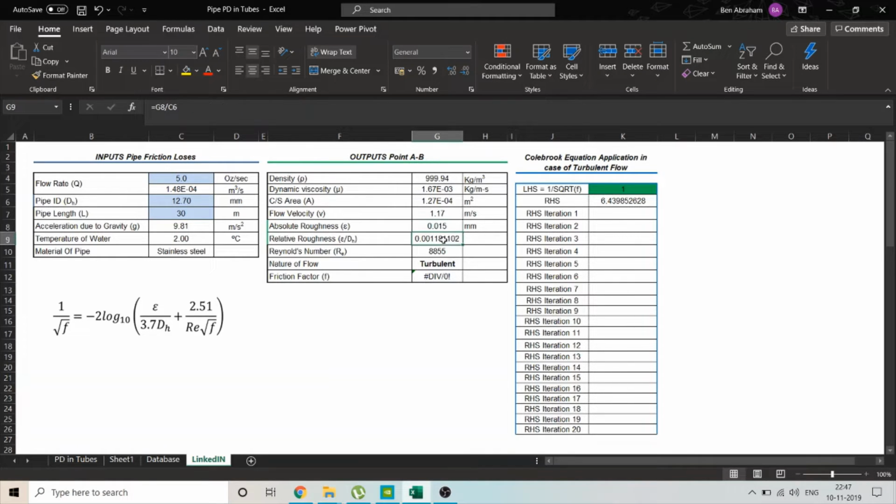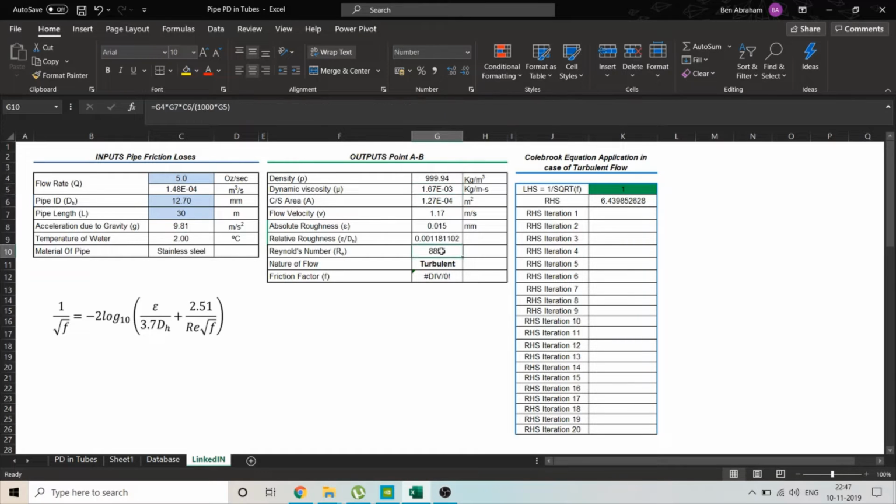The relative roughness is a value that considers the absolute roughness and the hydraulic diameter, which is 12.7. That's called relative roughness, and it is useful to us while we calculate the Colebrook equation. Then we have the Reynolds number, which is rho V D by mu, rho being the density of the fluid, V being the velocity of the fluid, D the hydraulic diameter through which the fluid is flowing, and mu the dynamic viscosity, which is a function of the temperature of the fluid as discussed earlier.